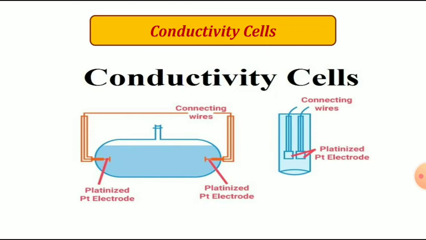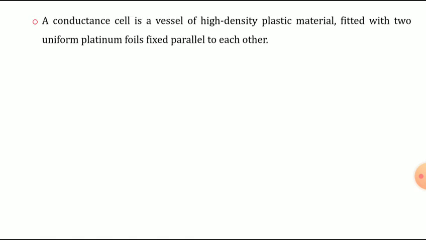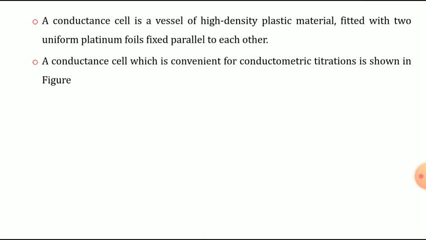A conductance cell is a vessel of high density plastic material fitted with two uniform platinum coils fixed parallel to each other. That means both the platinized platinum plates are kept fixed parallel to each other. A conductance cell which is convenient for conductometric titrations is shown in the above figure.